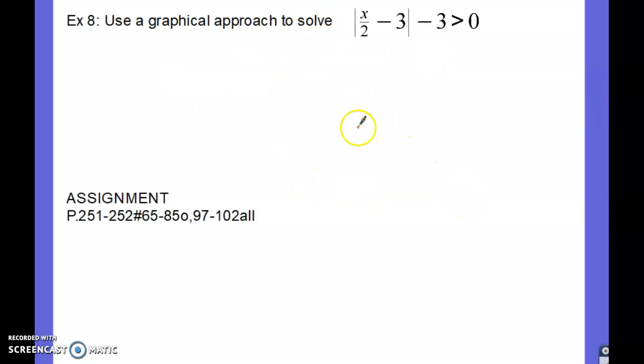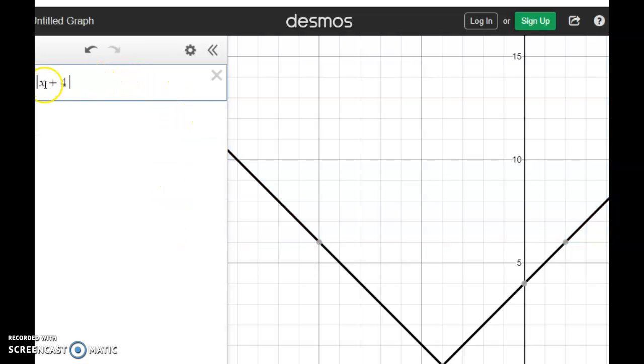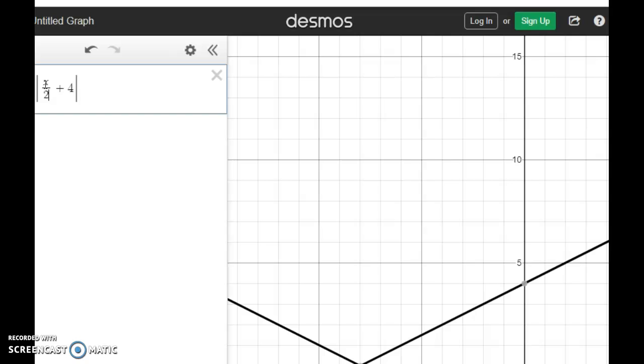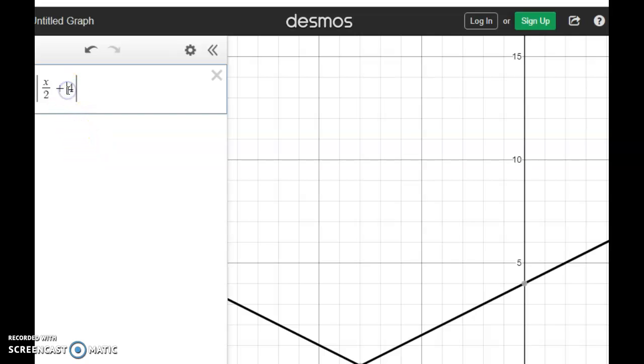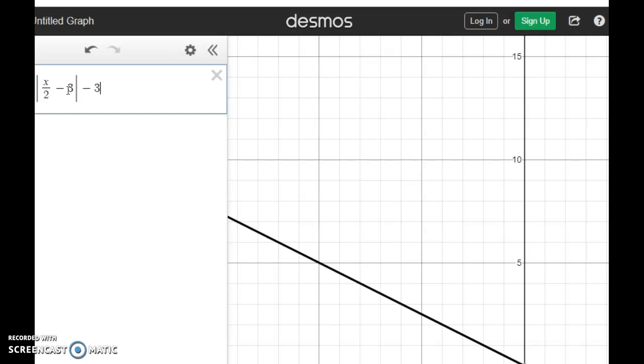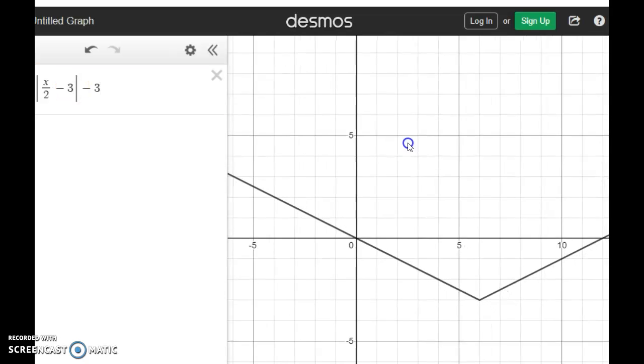And then this last one wants you to use a graphical approach to do this problem. So we'll go back to Desmos. I'm sure you're tired of hearing me say that, but we have x over 2 minus 3. You do have to write it in this order, by the way. And you've got to find where your graph hits the x-axis.